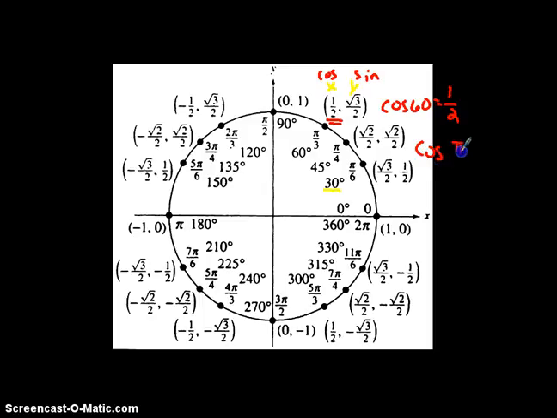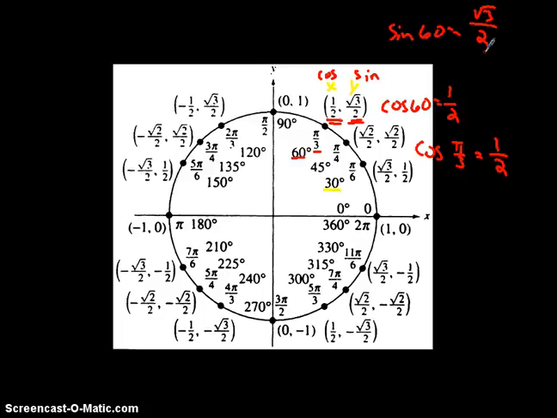Since pi over 3 is the exact same thing as 60, except one is in radians and one is in degrees, cosine of pi over 3 is also 1/2, because again, they're the same thing, just different units of measurement. If you look at the sine value, sine at 60 is going to be square root of 3 over 2. And that's how I find it. That's how you find sine and cosine using the unit circle.